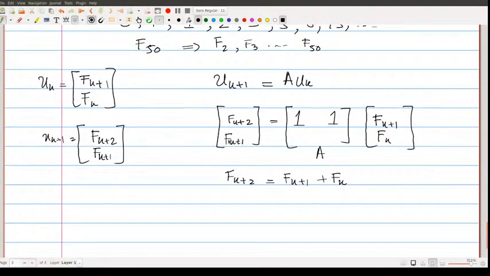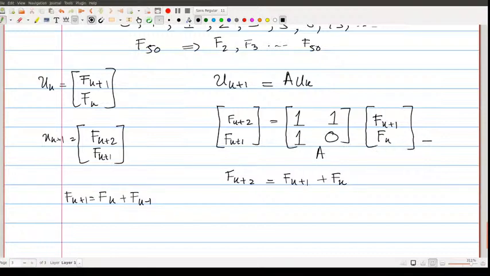Now I want to write some entries in the second row which also make sense. But if I put any non-zero number in the second position, I don't really have access to F_{k-1}, right? F_{k+1} should equal F_k plus F_{k-1}, but I don't have access to that number. So what I can do is put a 1 here and a 0 here.